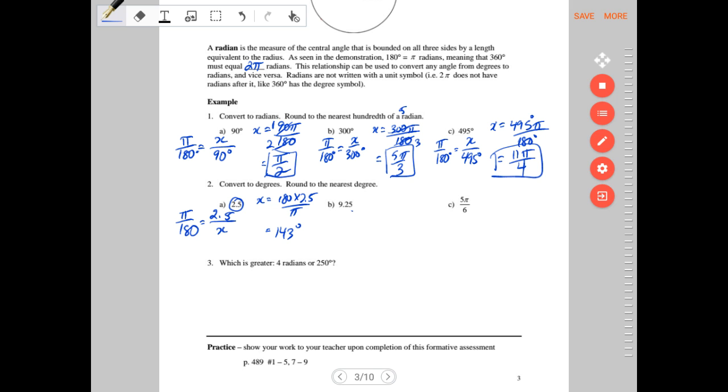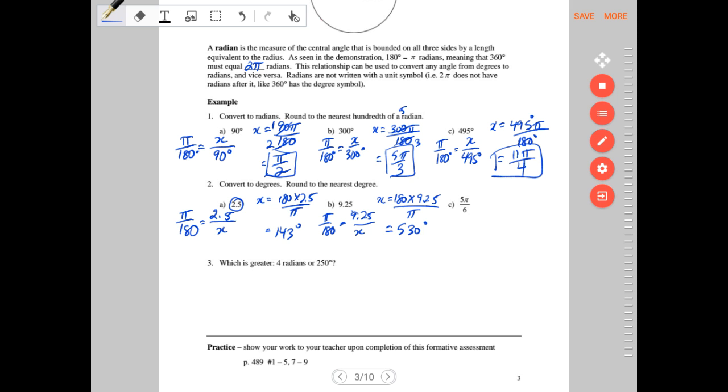Okay, part B, same thing. Pi over 180 equals 9.25 is in radians, so it goes up with the pi over x. So x is going to equal 180 times 9.25 divided by pi. And that works out to be, to the nearest degree, 530 degrees.